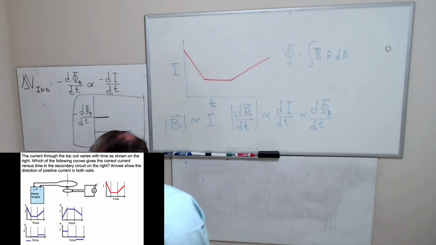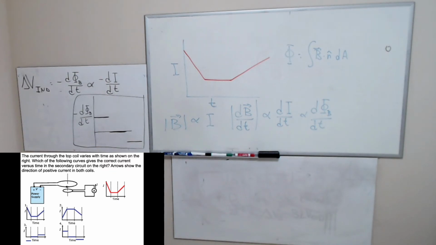Yeah, let me say it one more time. In the problem, they define the current in the bottom loop to be positive counterclockwise. Look from the top downward. If you look at the current in the loop, they define positive as counterclockwise.